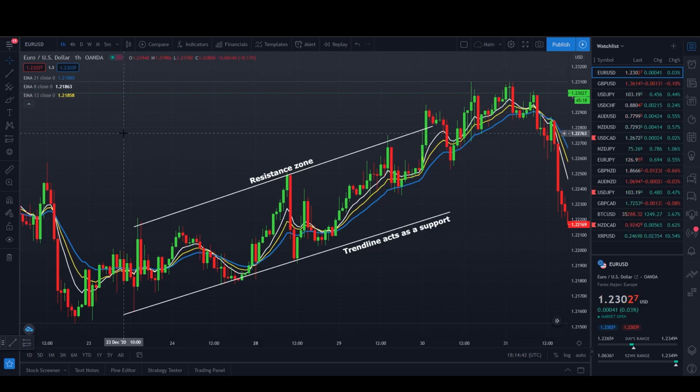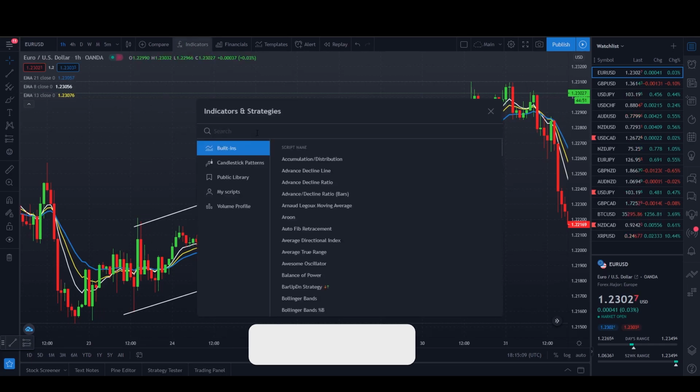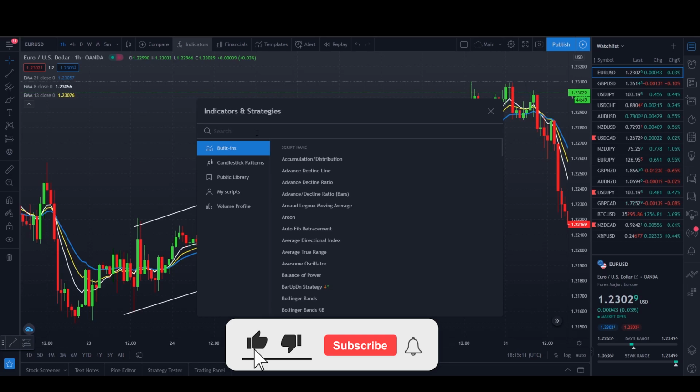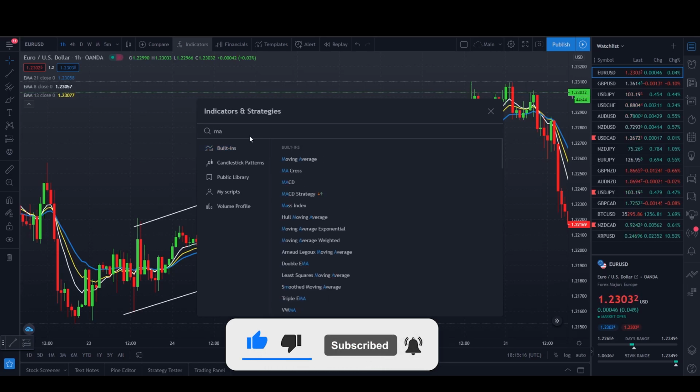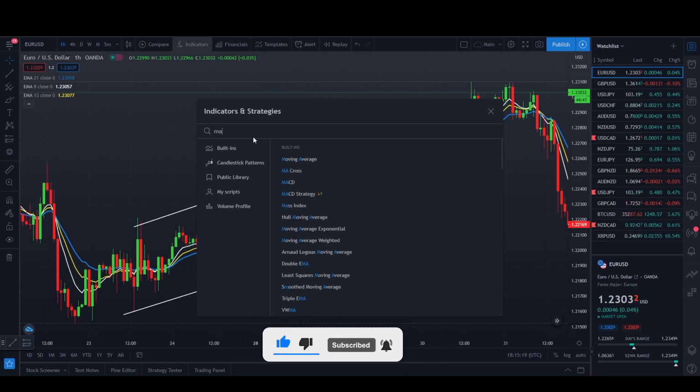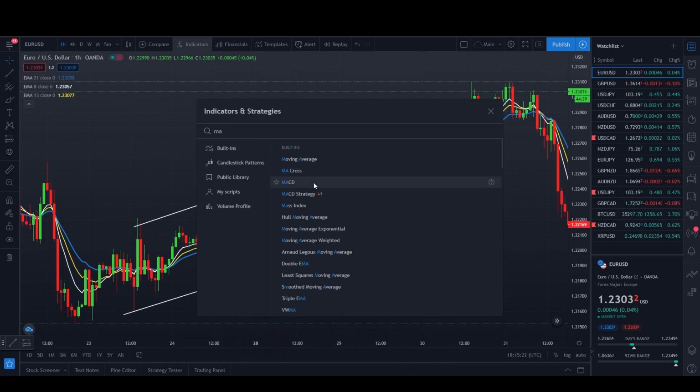Once you open TradingView or any other platform, I think there should be no problem finding one of those. On TradingView, you press on indicators, and then type in moving averages. But don't make the mistake which traders sometimes do: it's not going to be the simple moving average.